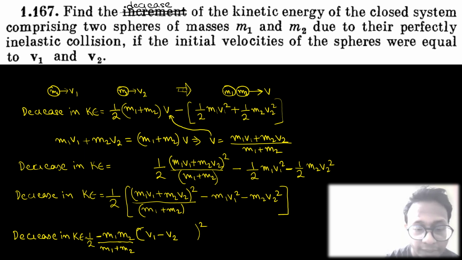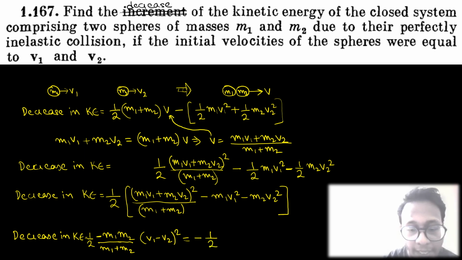Let me write v1 minus v2 whole square properly. Or if I rearrange this and take this minus outside: minus half m1 m2 divided by m1 plus m2 into v1 minus v2 whole square.